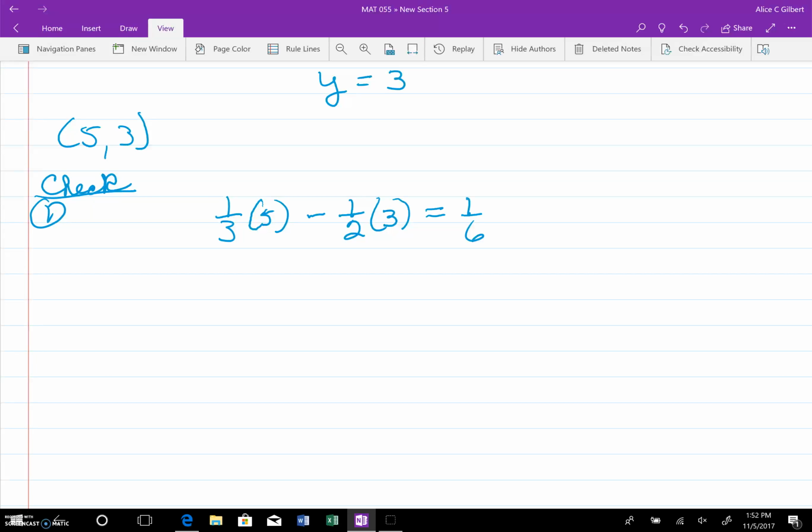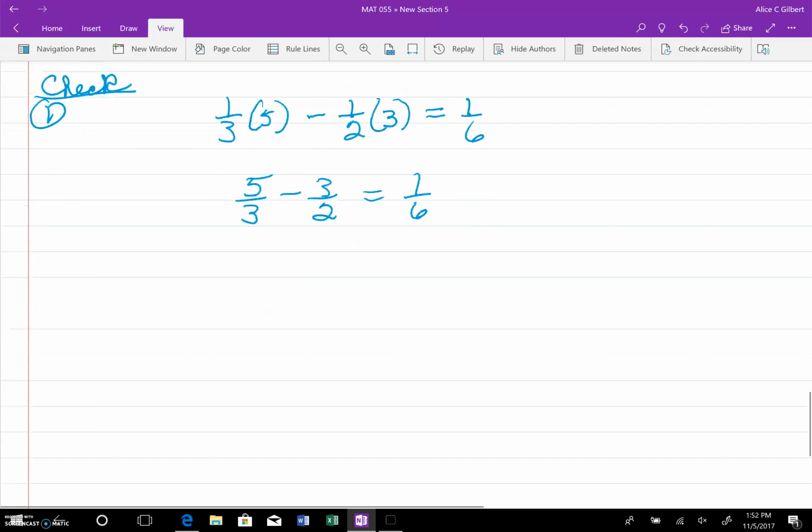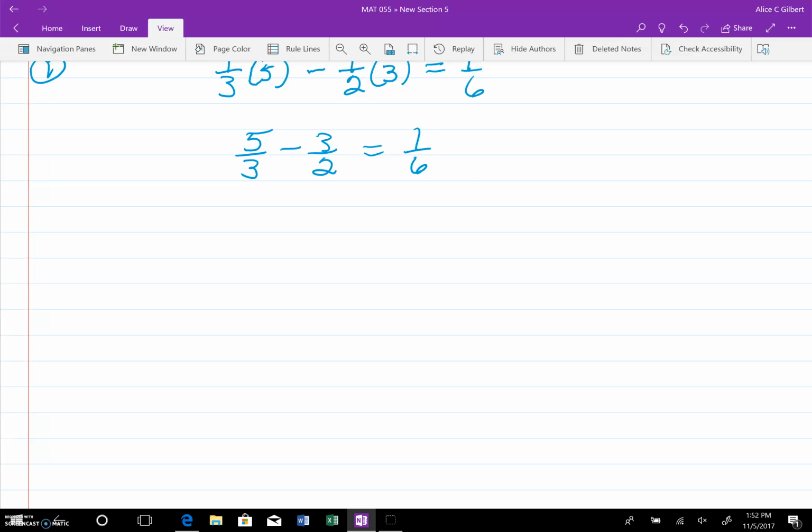So I can't cancel anything anywhere, so I've got 5/3 minus 3/2 equals 1/6. So on the left side of my equal sign, I need to get a lowest common denominator, and it's going to be 6.